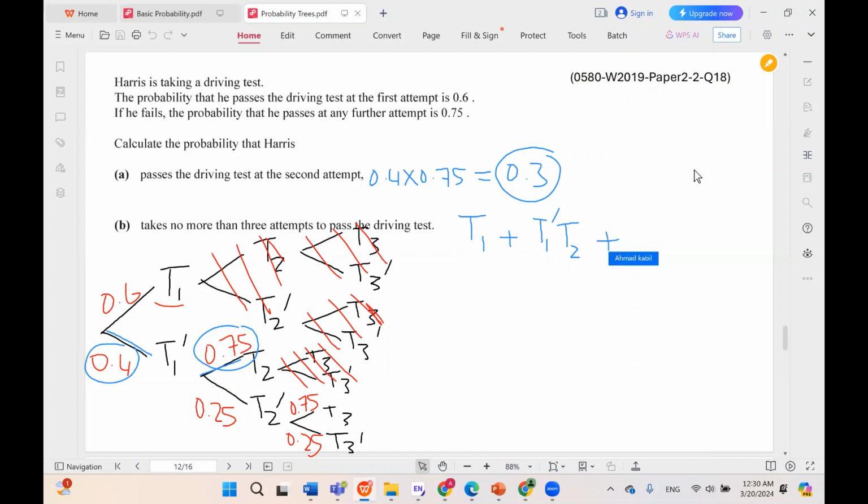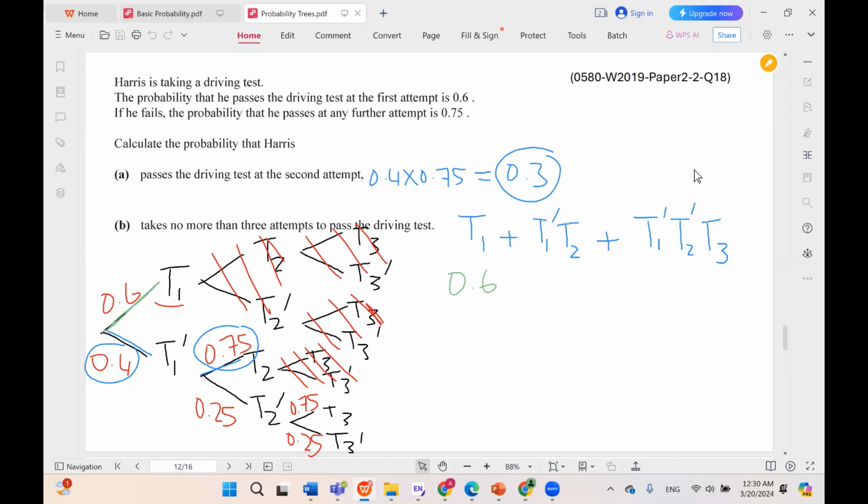Or he can fail on the first time, fail on the second time, and then pass on the third time. So these are the 3 scenarios that we have. So scenario 1 is just T1, which is the 0.6. And then scenario 2 would be failing on the first attempt, but passing on the second attempt.